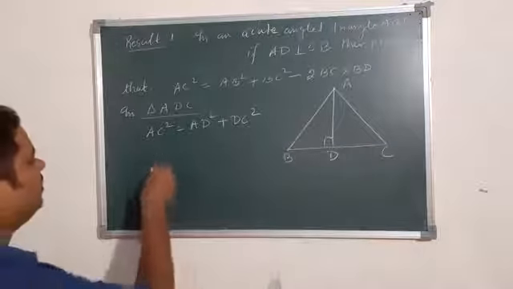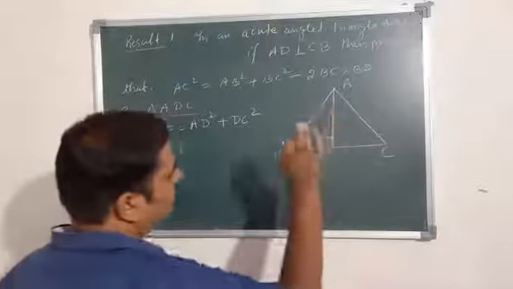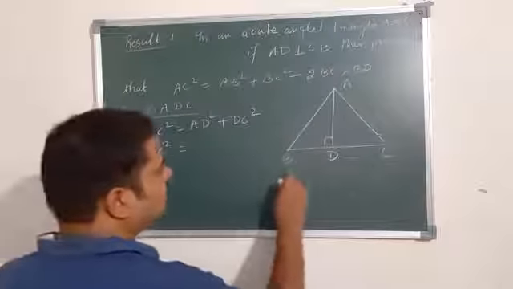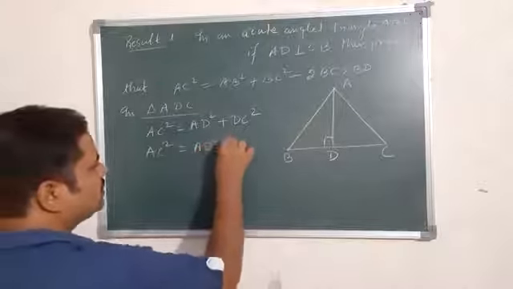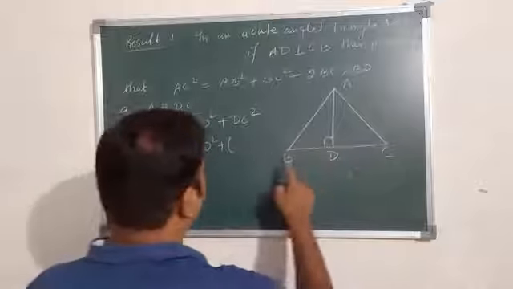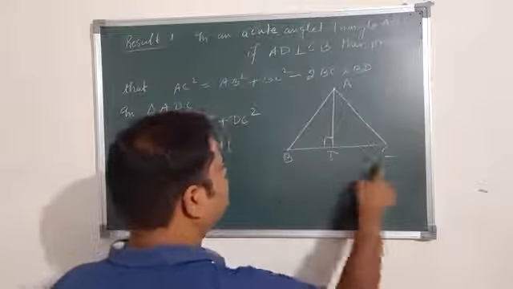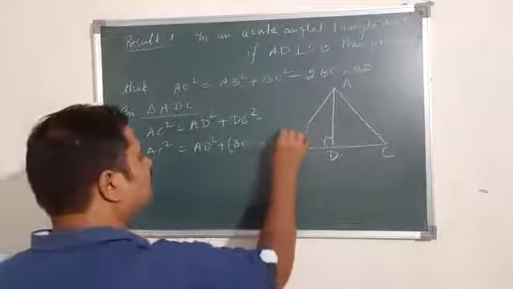Now DC can be written as BC minus BD. So AC square is equal to AD square plus BC minus BD whole square.